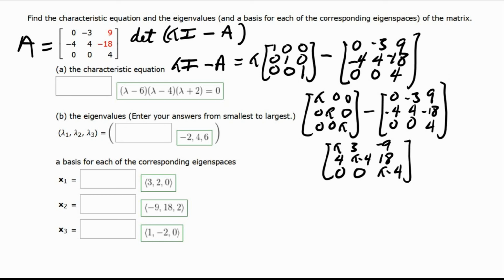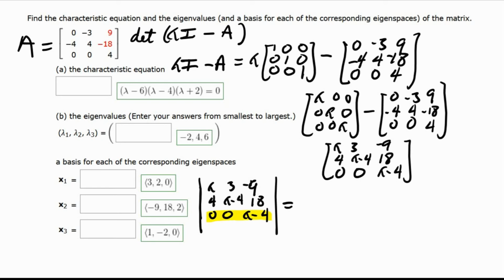So I'm just going to write it as the determinant here. So this is lambda, 3, negative 9; 4, lambda minus 4, 18; 0, 0, and then lambda minus 4. I'm going to do cofactor expansion along that last row, since I have those two zeros.